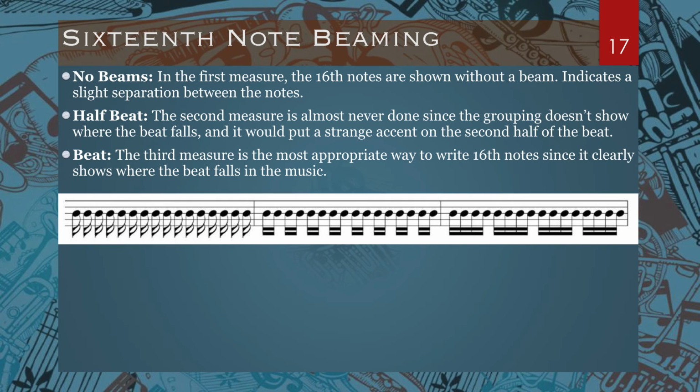As a side note, in that first measure, the only time you're really going to see 16th notes not beamed, where they're not connected with a beam and you just see them individually with the flags, is in vocal music. A lot of times in vocal music, it's a convention to not beam individual notes as they relate to the lyrics. But that's kind of a more advanced topic. Just know that a lot of vocal music will use non-beamed 16th and 8th notes.